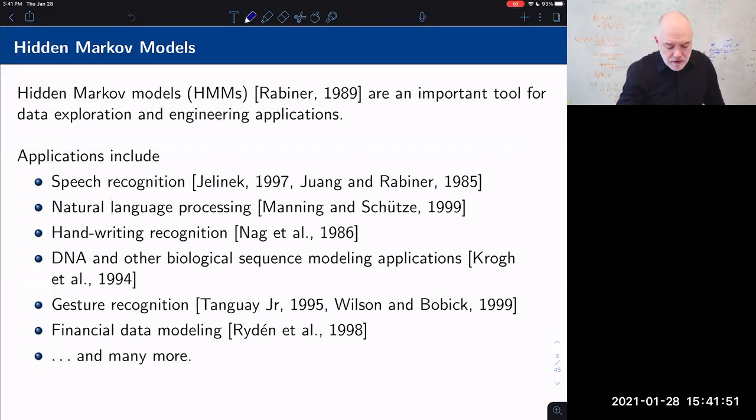So hidden Markov models have been around historically for a long time and are an important tool for data exploration and engineering applications. They are still used. In fact, the faculty candidate who was interviewing today was a natural language processing person, a speech person, and we were having an argument, which she won, about whether or not deep learning systems totally take over the world and should be used for everything.